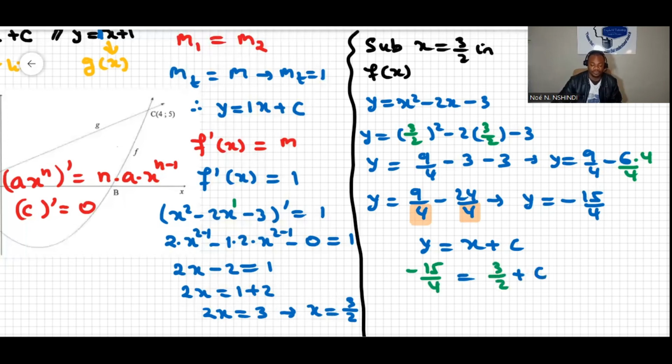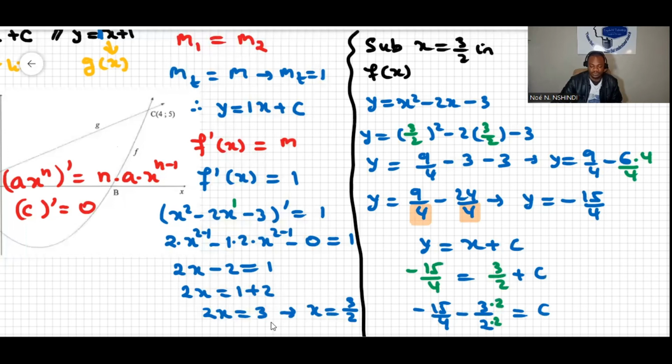So if I move the 3 over 2 over, that makes negative 15 over 4 minus 3 over 2 equal to c. Now, again, as I did over here, I need to set these to common denominators. So I'll times here by 2 and then times there also by 2.